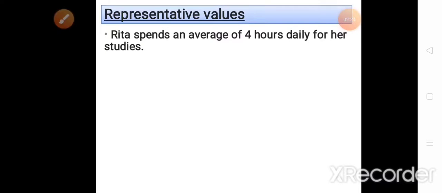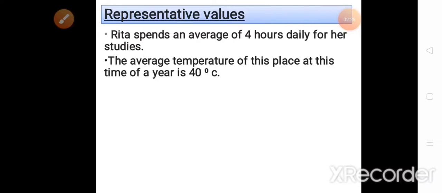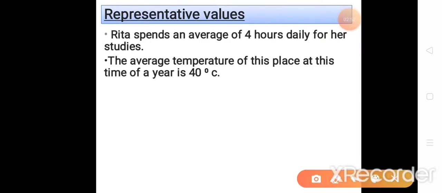Similarly, there are certain more examples, such as the average temperature of this place at this time of a year is 40 degrees Celsius. So what is done here? The temperature of a particular place for a particular time of the year has been collected for, say, quite a number of days, and then the data has been organized, and after that a concluding statement has been made like this one.